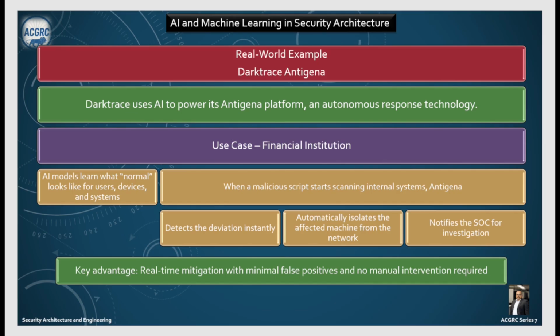So when a malicious script starts scanning internal systems, Antigena detects the deviation instantly. It automatically isolates the affected machines from the network and notifies the SOC for investigation. Advantage? Well, real-time mitigation with minimal false positives and no manual intervention required. A big advantage.